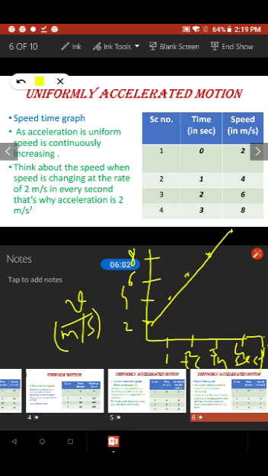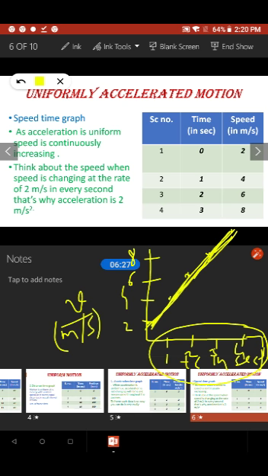This is straight line but with a slope, and this shows that the velocity is continuously increasing with time. If the velocity is continuously increasing by equal amounts in equal interval of time, then definitely it shows that the motion is uniformly accelerated motion.